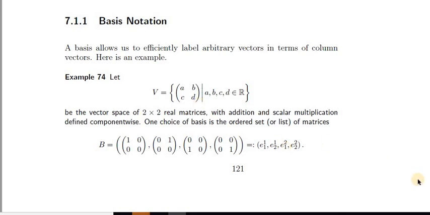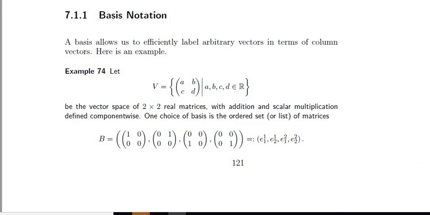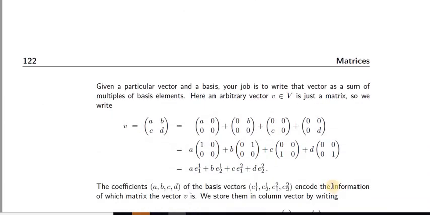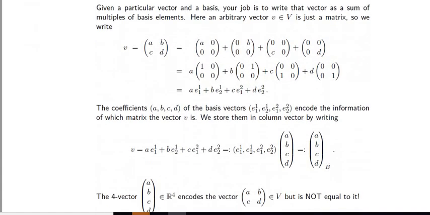Now, any arbitrary matrix, ABCD, can be expressed as a linear combination of these 4 matrices, which we write this way, this linear combination. And we can arrange these coefficients in a column vector, and write this expansion in this way. This is sort of an abuse of matrix notation.